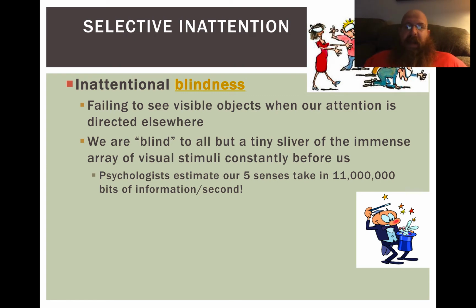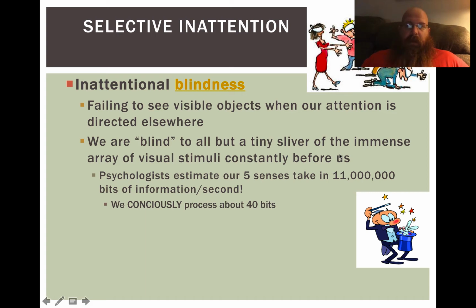Psychologists estimate that our five senses, touch, taste, smell, hearing, and vision, will take in 11 million bits of information per second. Remember, I talked about how our brain is the most advanced machine in the universe, and this is an example of that.